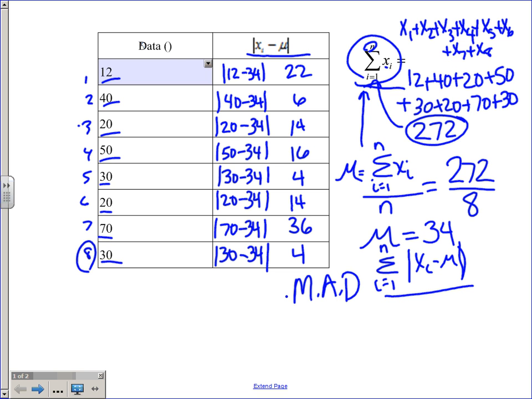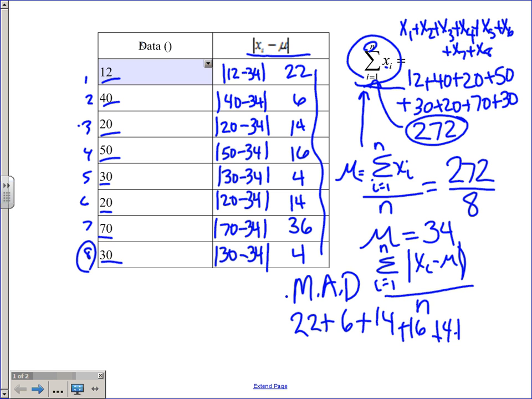But I have to divide it all by the number of data points I have. So in this case, I'm going to have to add up all these numbers and divide by 8. So let's do it. 22 plus 6 plus 14 plus 16 plus 4 plus 14 plus 36 plus 4.